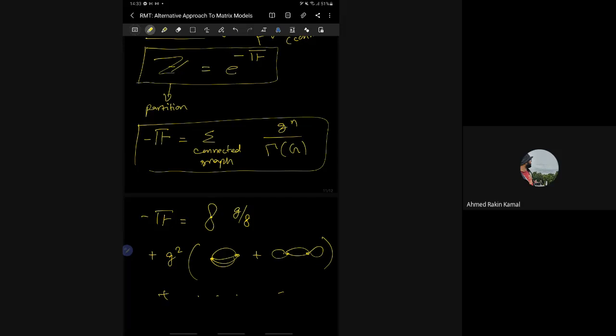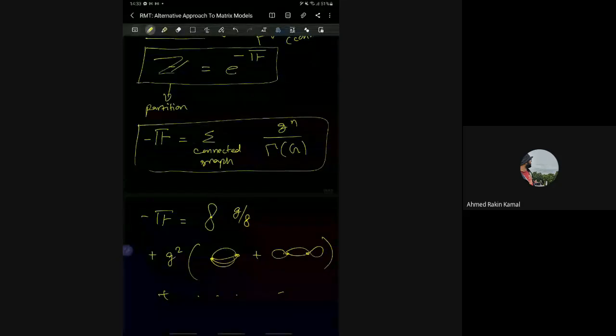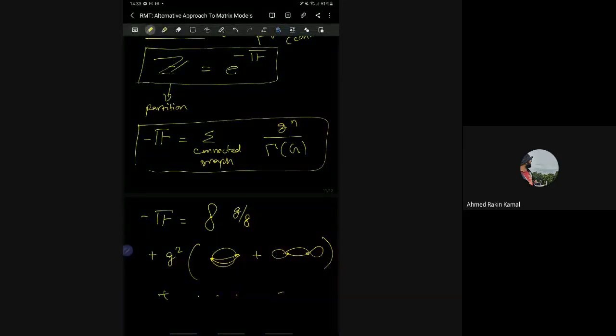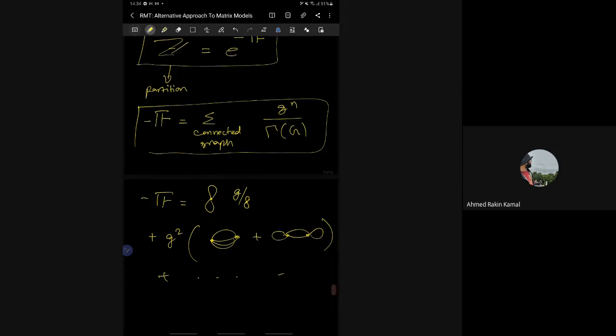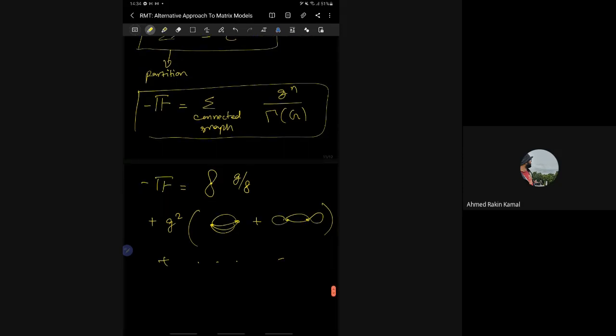What I am claiming is that with this function f, which has all the connected graphs in it, I can get the actual graph function, which generates all kinds of graphs, disconnected ones and connected ones, from just the connected graphs. This is what I claim, which I will show in a bit. Is everybody okay with the definition of f?